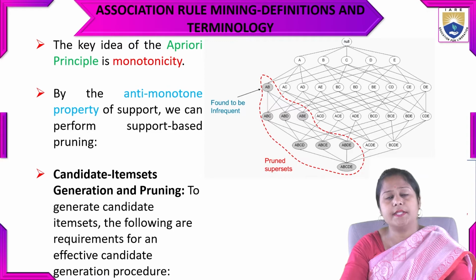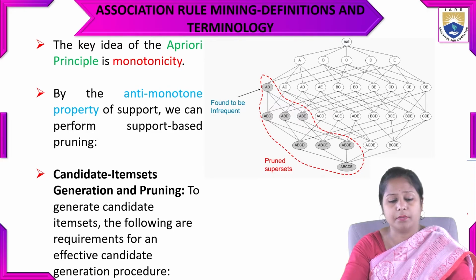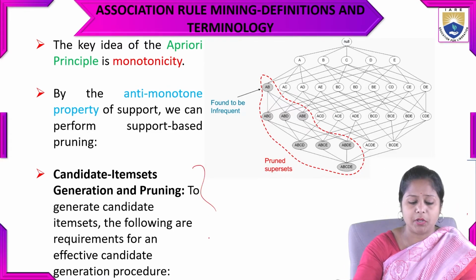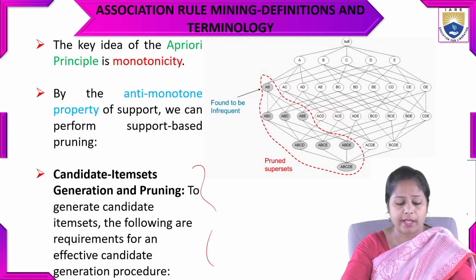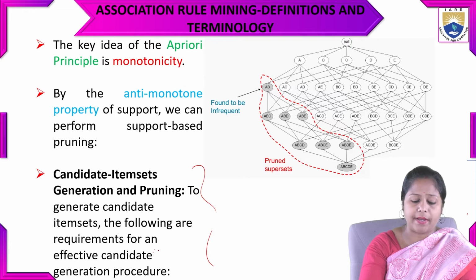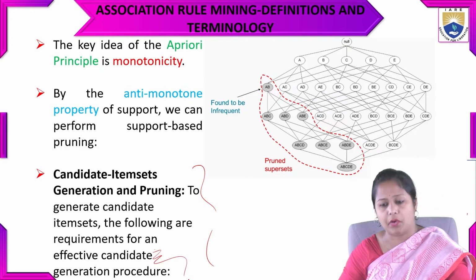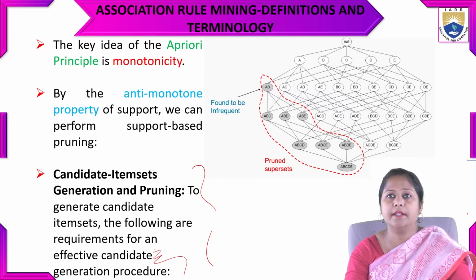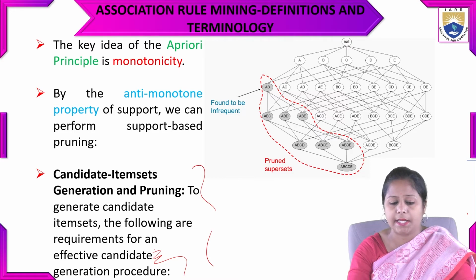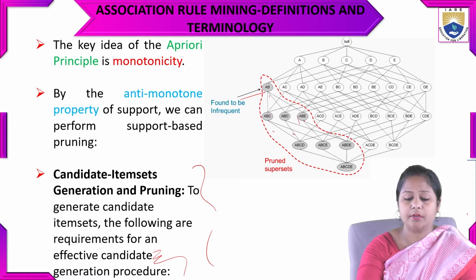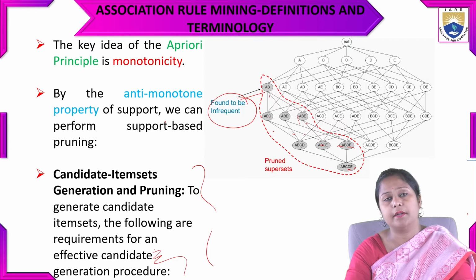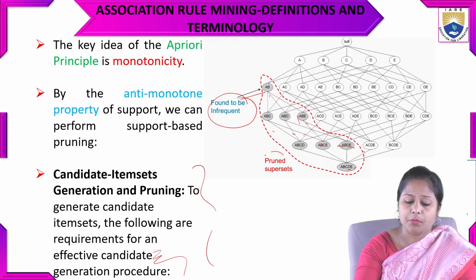Candidate item set generation and pruning in the Apriori algorithm. To generate the candidate item sets, the following requirements for an effective candidate generation procedure will be followed. In the figure on the right, we can see the group of item sets found to be infrequent, and these are the pruned supersets.